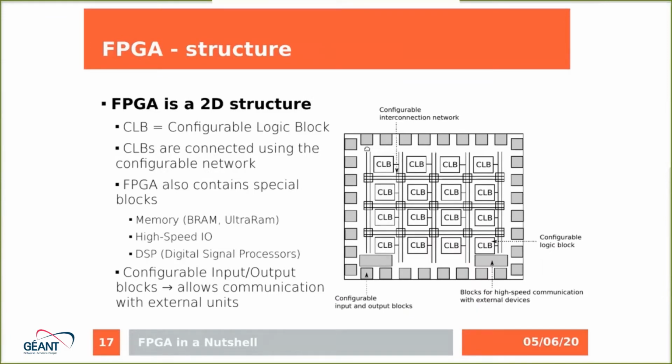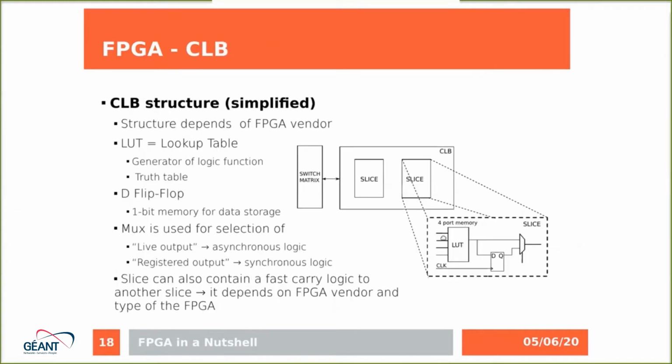So, for example, if we look at a simplified structure of the FPGA, then the bitstream tells us that our design will be implemented in, let's say, these blocks. So we will know the content of the lookup tables.